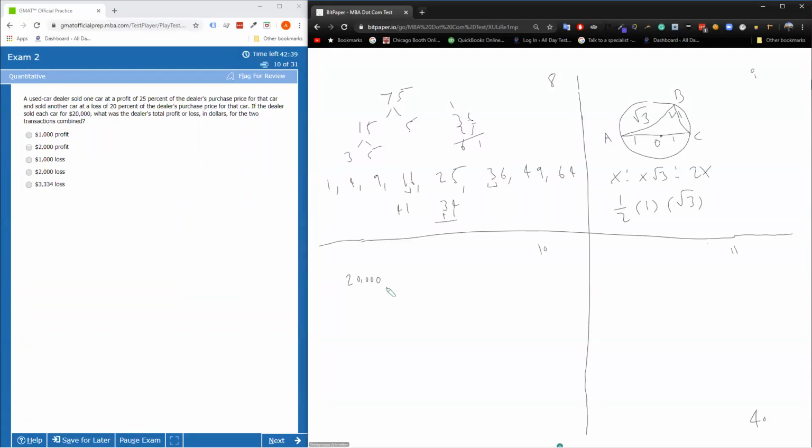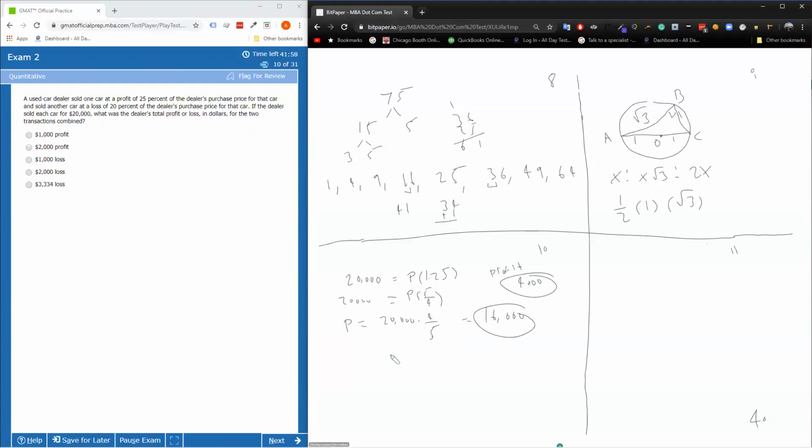So if a profit of 1.25, that means his purchase price times 1.25 is equal to 20,000. That is 5/4. So his purchase price here is 20,000 times 4/5, so he purchased this for 16,000, sold it for 20,000. That's a profit of $4,000.